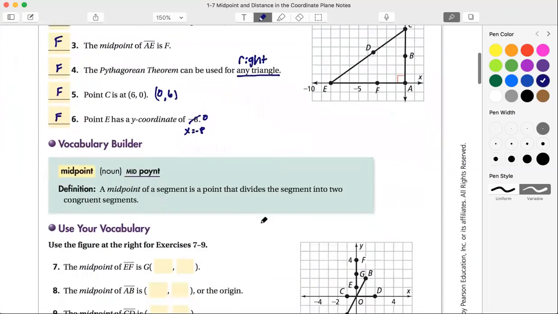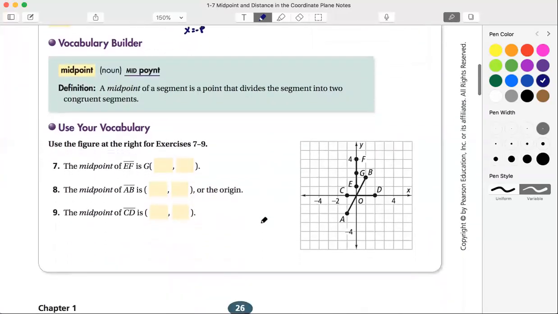Okay, so definition. The midpoint of a segment is a point that divides the segment into two congruent segments. All right, so using your vocabulary, the midpoint of EF. So where is EF? EF is right there. Halfway between it is G. And that point is about 0 on the X and 1, 2, and a little bit more, 2.5.